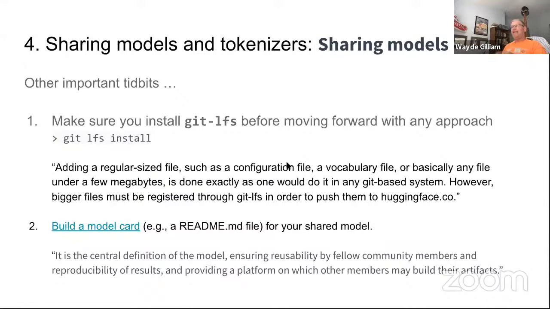And the only thing that I didn't do that's discussed in the course is to build a model card. Essentially, that's just the README markdown file at the root of your Git repository on Hugging Face. You want to include as much information as you can about how you trained it, the results you got, and if there are any known issues with the model, or the dataset it was trained on.